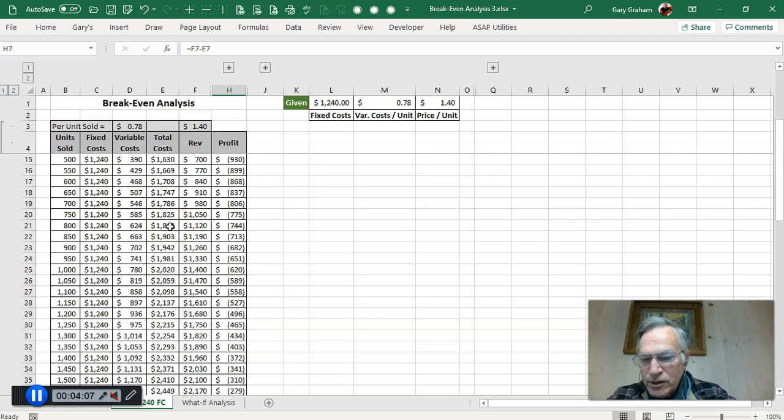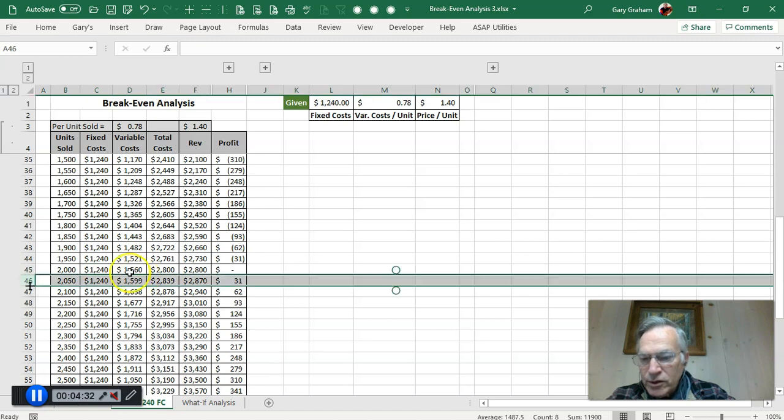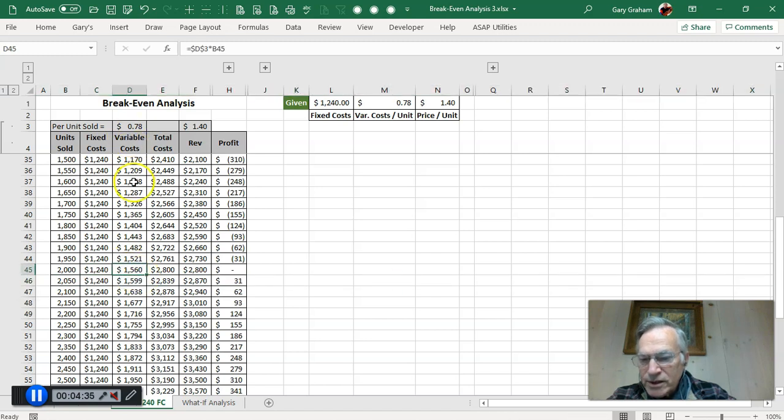So as you scroll down, you can see, of course, the more units you produce, the closer you become to profitability because you are recovering more and more of that fixed cost. Until if you come all the way down to 2,000 units sold, your fixed costs don't change. It's still $1,240. Your variable costs now, though, are $1,560, or those 2,000 units produced times the 78 cents.